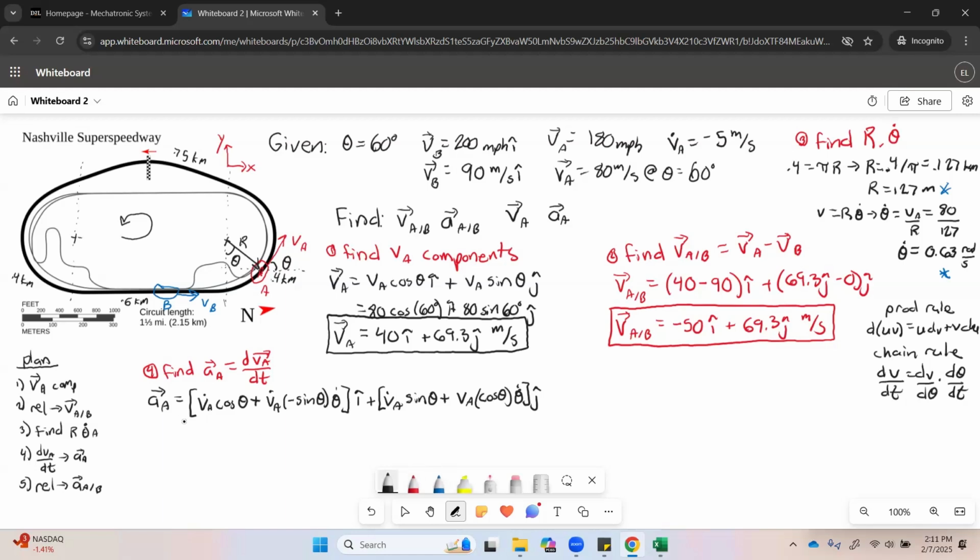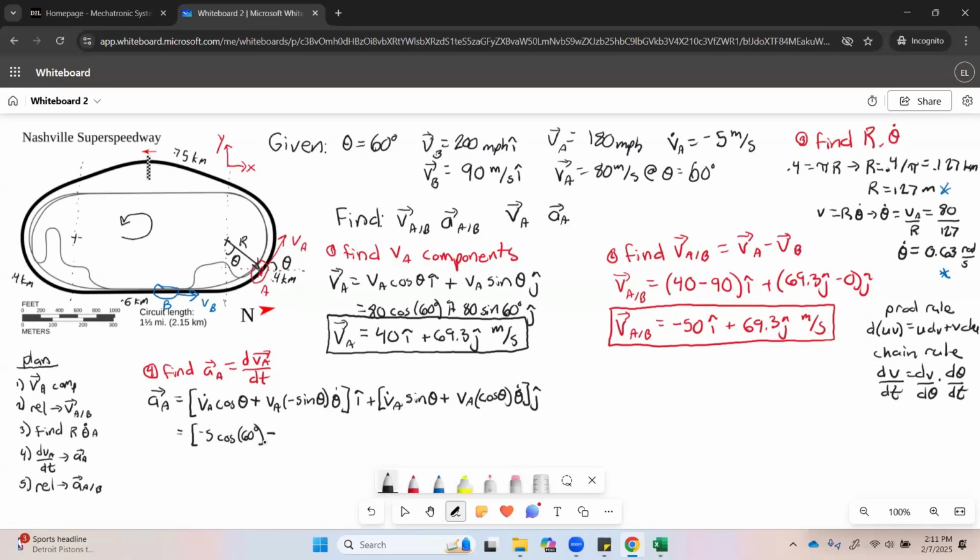So now we can just go ahead and put in numbers. So VA dot, given in the problem, -5. So we have -5 cosine 60 degrees, and then minus, oh, this right here should not be a dot. There.